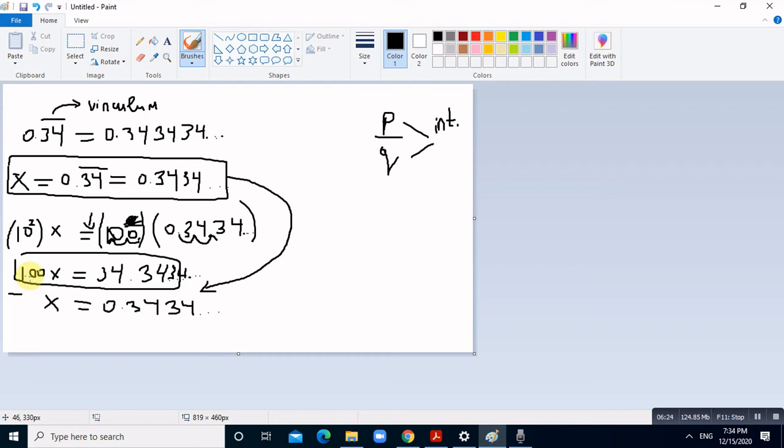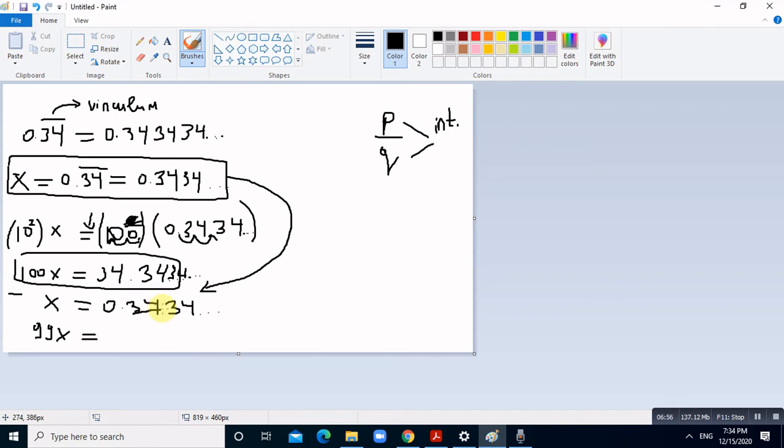And so here's how we do this. We're going to subtract from the top left-hand side whatever we have on the bottom left-hand side. So 100x minus x is equal to 99x, which is equal to 34.34 repeated, minus 0.34 repeated.